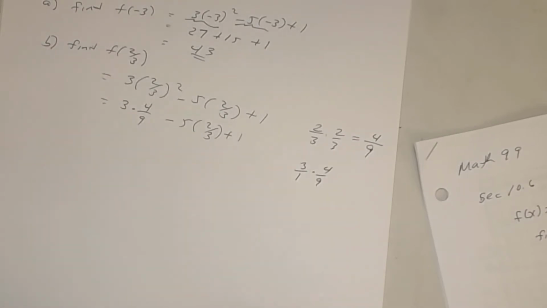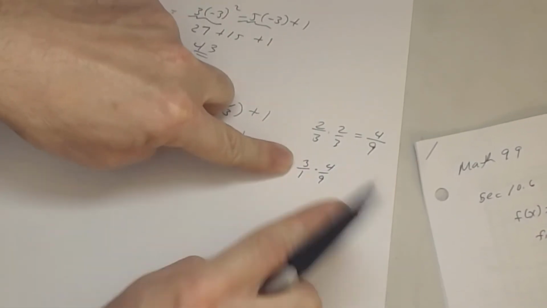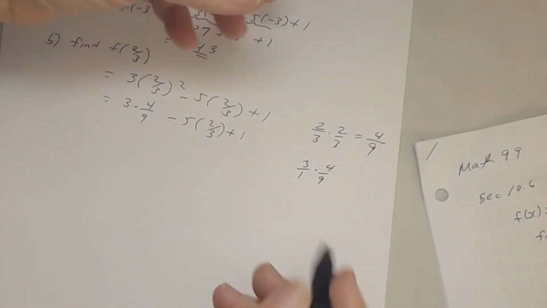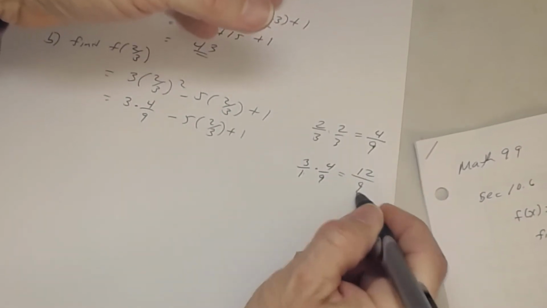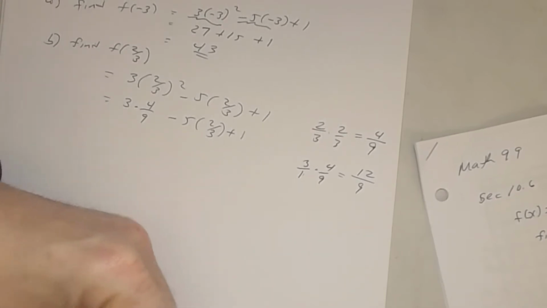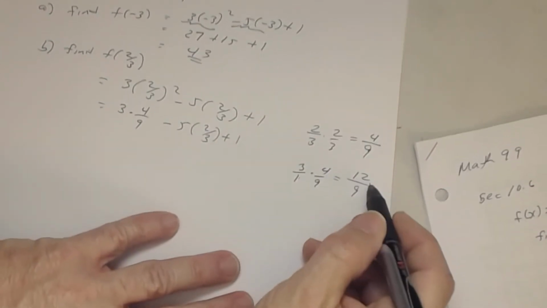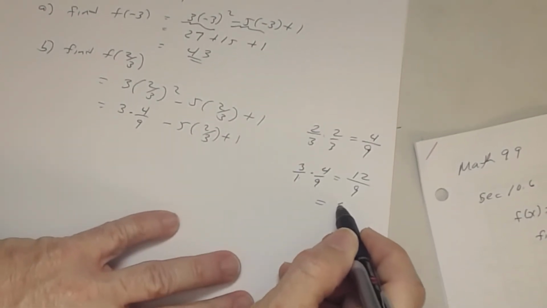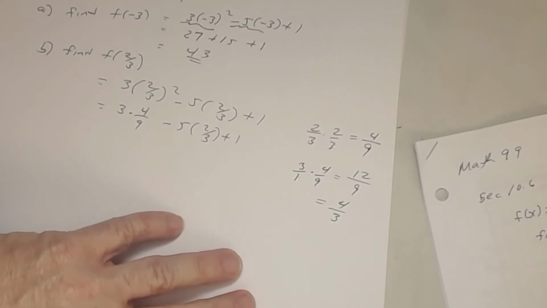So you could have reduced first, because 3 and 9 have what in common? 3. Now if you didn't reduce first, you could have said 3 times 4 is 12, and then 1 times 9 is 9, and then reduced at that point. What do 12 and 9 have in common? 3. So 12 divided by 3 is 4. 9 divided by 3 is 3. But you could have reduced first.